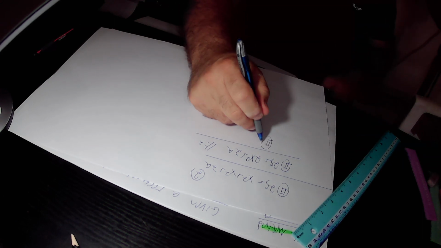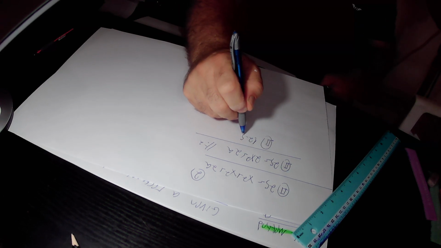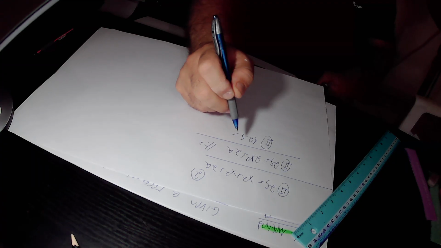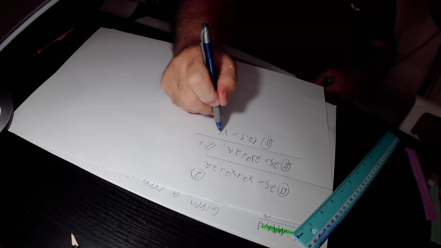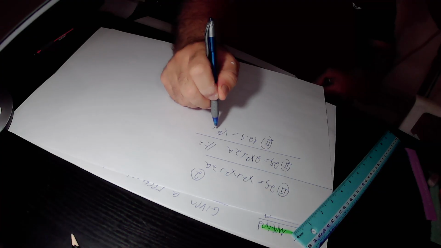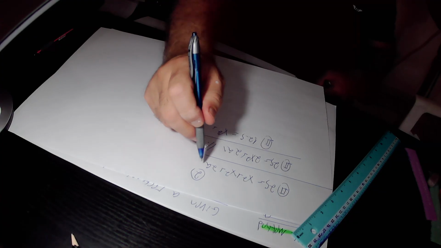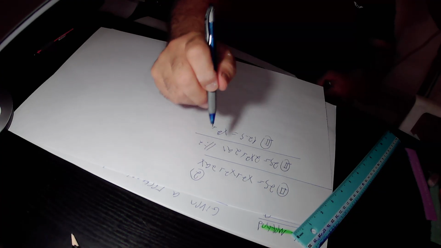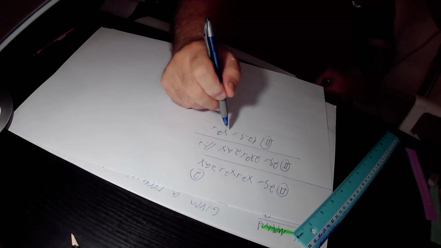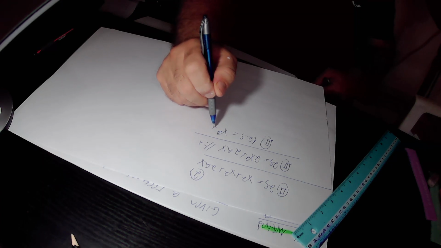25 over 2 is 12.5. So 12.5 equals 2x squared over 2, which is x squared, plus 2ax over 2, which is ax.